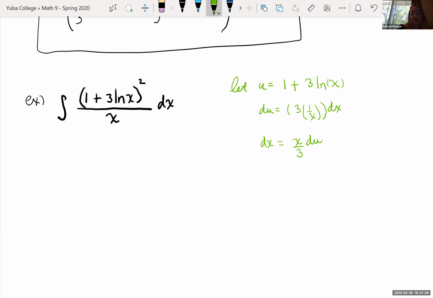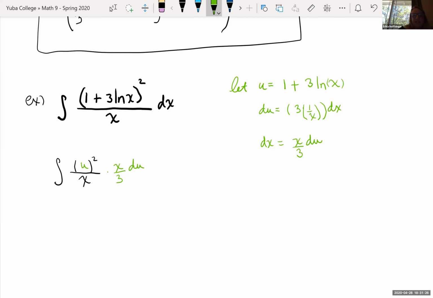Let's go back in and replace what u is and what dx is. We have the integral of u squared all over x times x over 3 du.